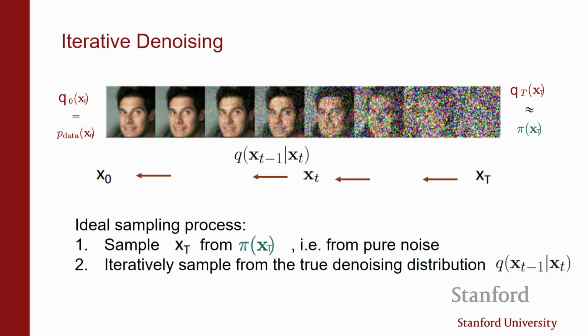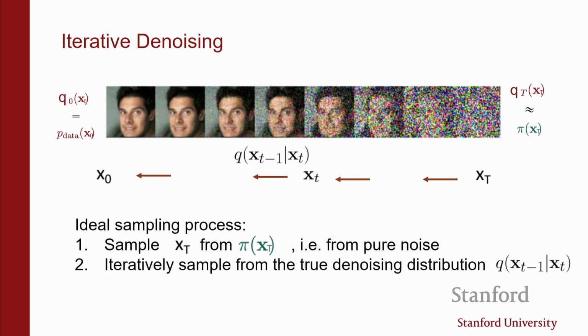And then what we could try to do is we could try to basically reverse this process by sampling from these conditionals. So you would sample xt minus 1 given x capital T, and then we could go back one step at a time, going from pure noise to data.